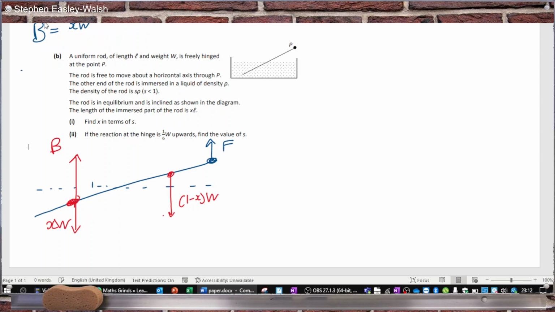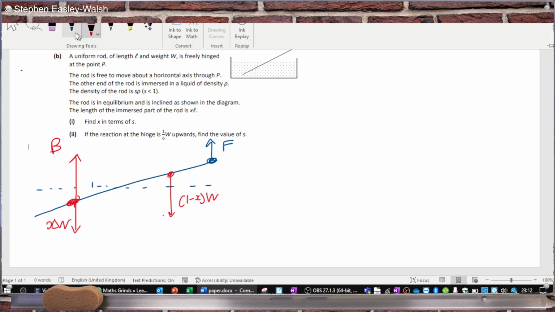So it's XW over the relative density of the rod, which would be S rho over 1,000, times the relative density of the liquid, which would be rho over 1,000. Yeah, so the thousands cancel and the rho's cancel, so the buoyancy is just going to be XW over S.